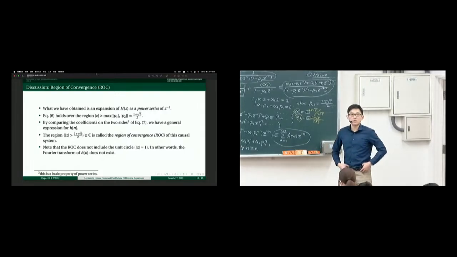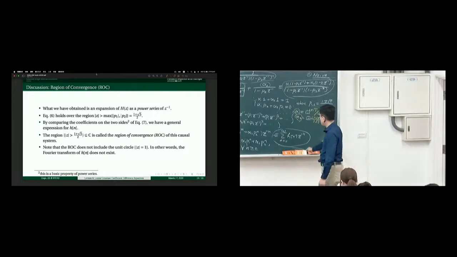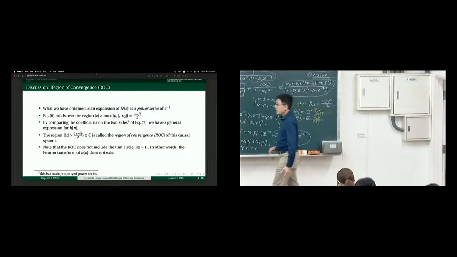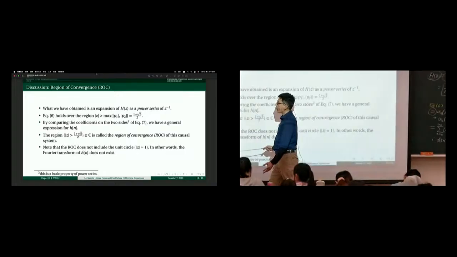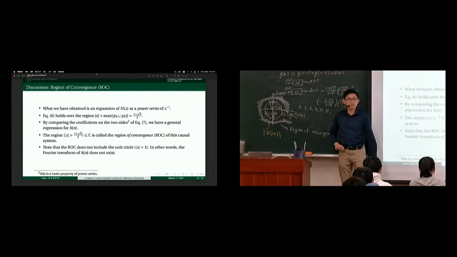Or we simply say the DTFT does not exist for this very example of a signal with closed form expression. We need to say the Fourier transform does not exist because the Z transform will not converge on the unit circle.